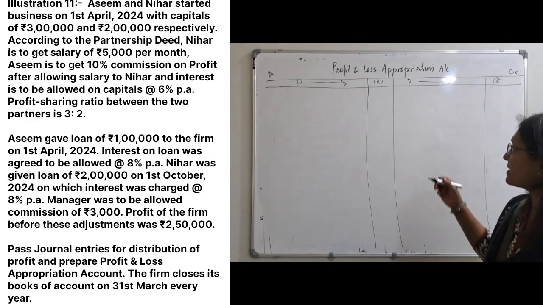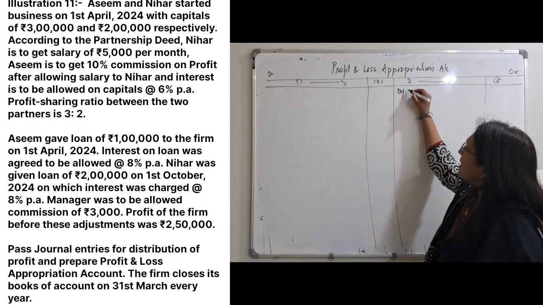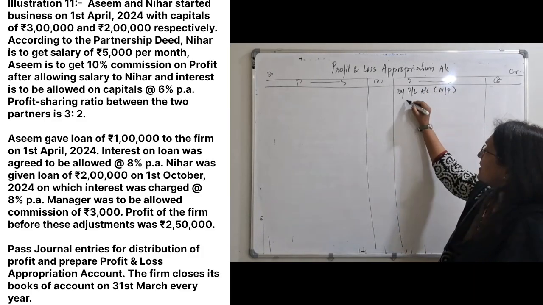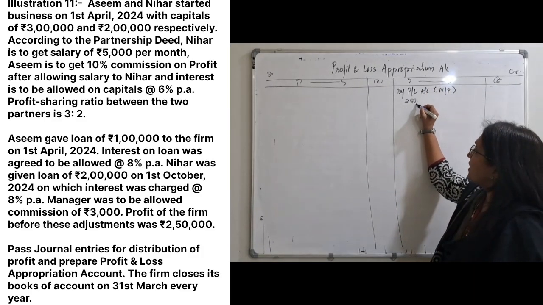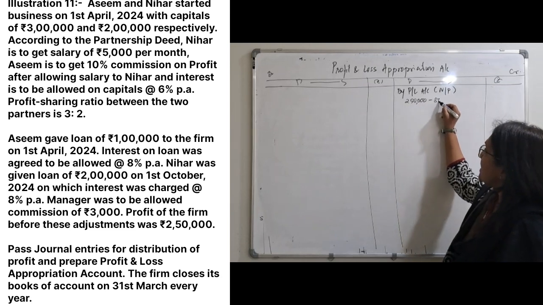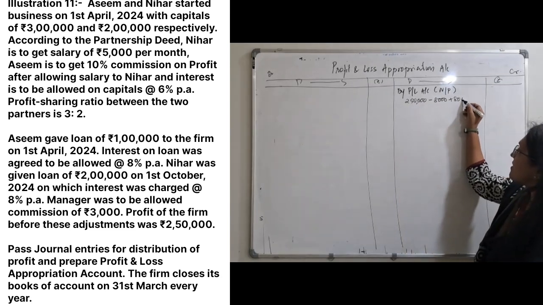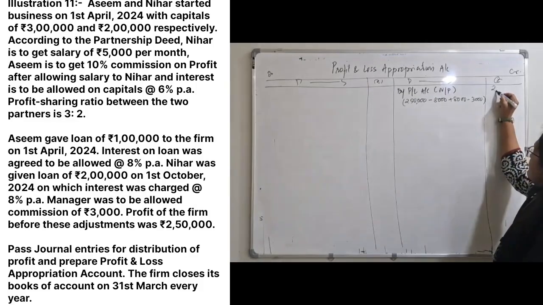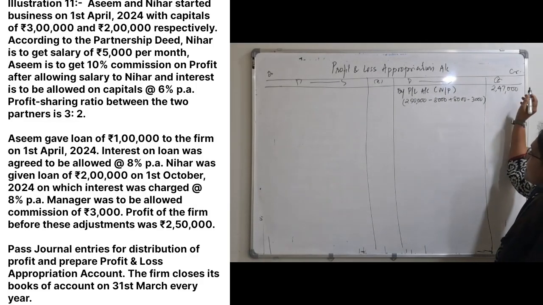Net profit we have transferred, so that is by profit and loss account, net profit. We have seen 2,50,000 was the profit, minus 8,000 plus 8,000 minus 3,000, 2,47,000. Credit side.